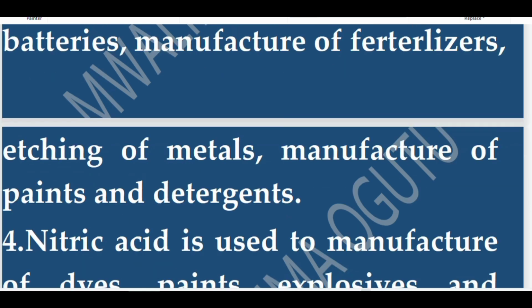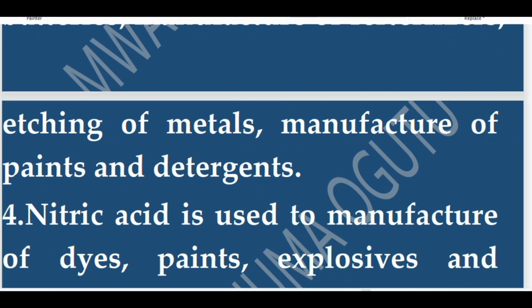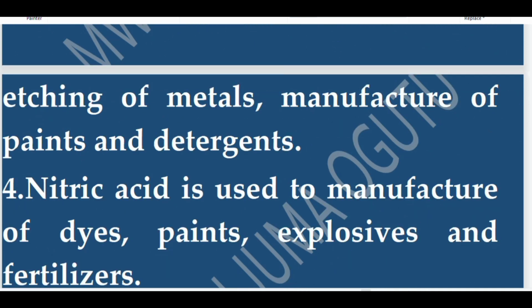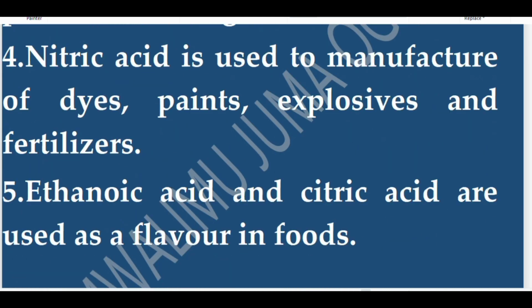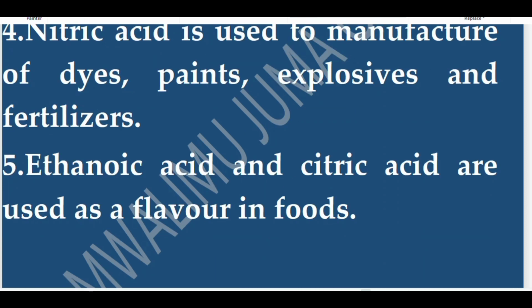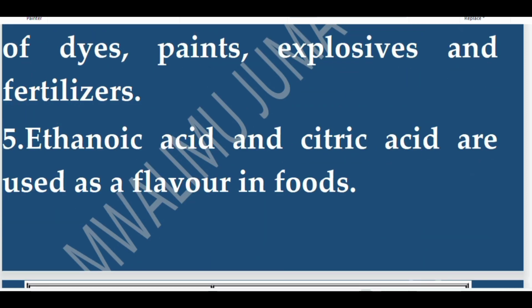Then we have nitric acid that is used in the manufacture of dyes, paints, explosives, and also fertilizers. Ethanoic acid and citric acid are used as flavors in food. So those are some of the uses of acids.